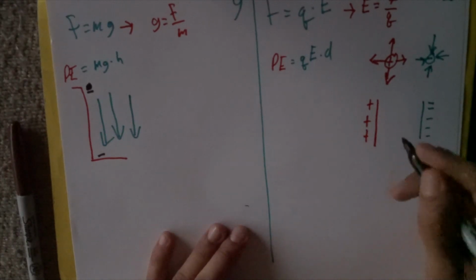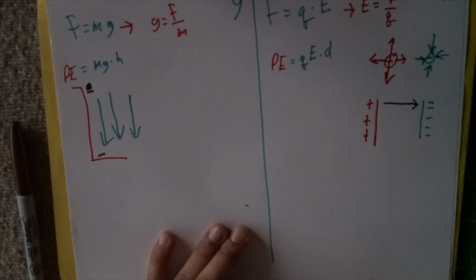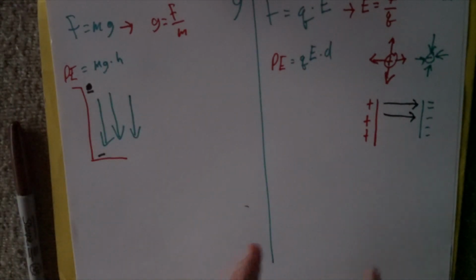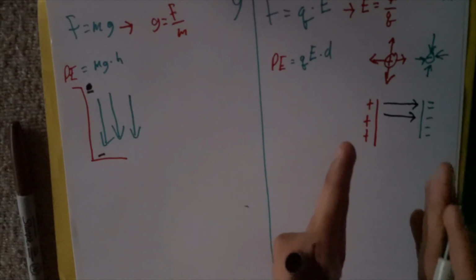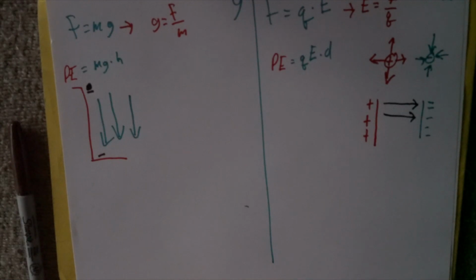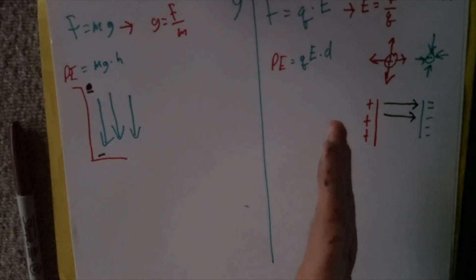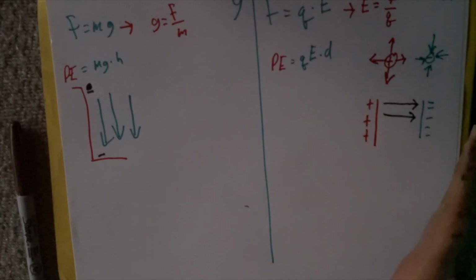Okay, hopefully you should see that it'll go from the positive to the negative. So this is the direction of the field, similar to this. So if I have two different plates, I can have only one direction of the field. Okay, so that is the difference between these fields. So gravitational field going down and the electric field going from positive to negative. So originating and then ending here.